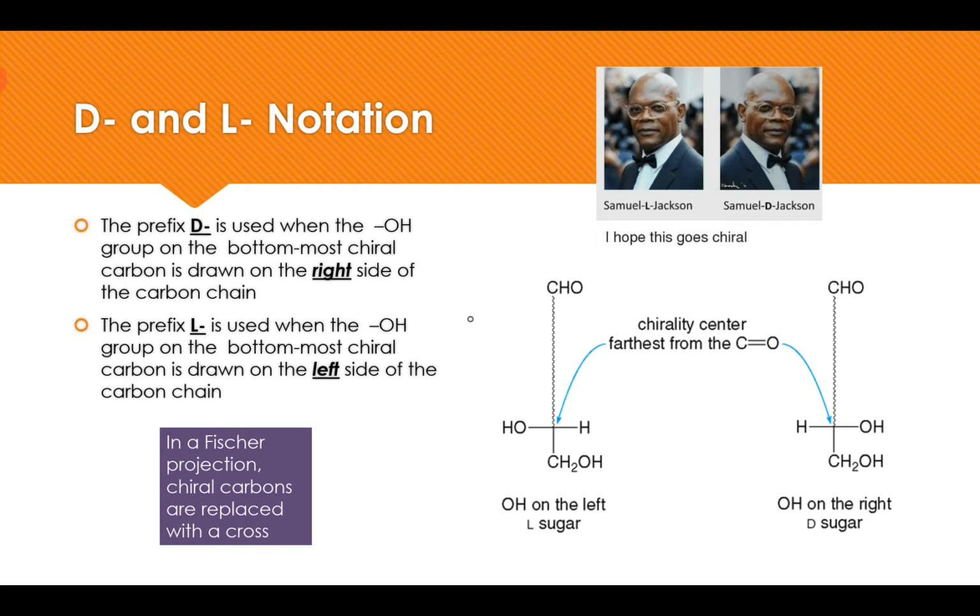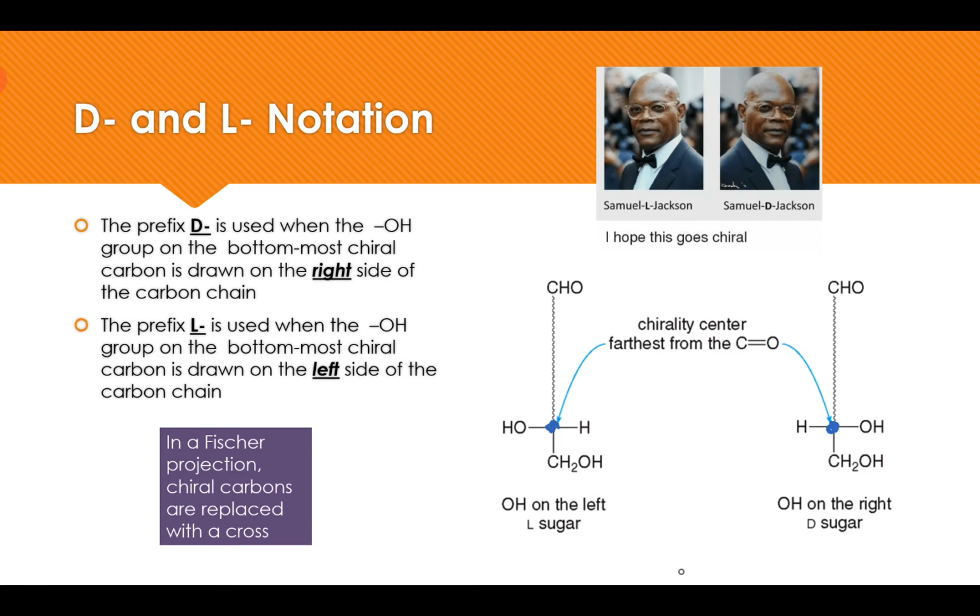So in order to tell that D and L notation, we have to look at our Fisher projection, and we look at the last chiral center. The last chiral center in each molecule will be the last cross in the Fisher projection. Not the last carbon, not that last carbon, this carbon, the last cross location.